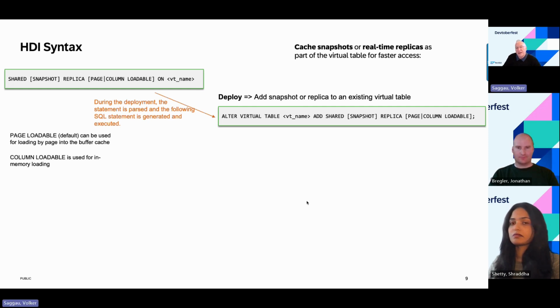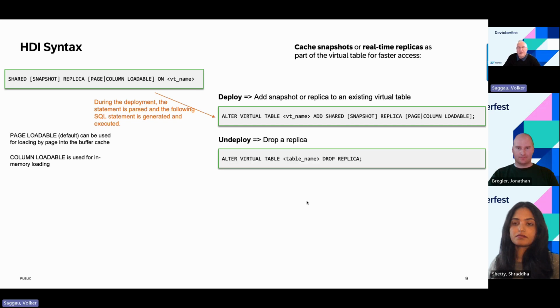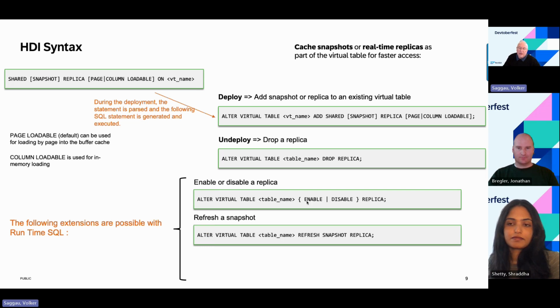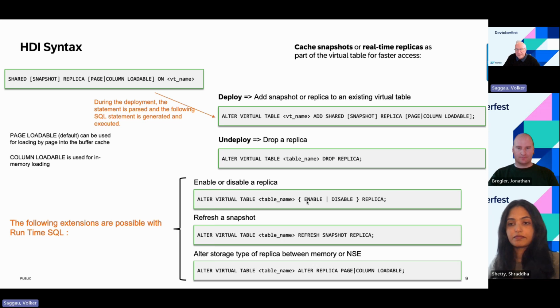So at deployment time, we do this function in the background, and at undeploy, we take it away, which will allow you to enable and disable the replica while you're working, or you want to have a refresh of your replica, or you want to change the storage type. Some of these changes require alter capabilities. That's not done simply, so I will show you how to handle that as well. And we are looking a little bit in the code.